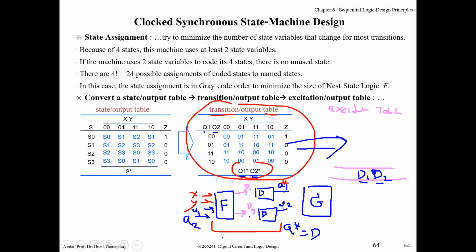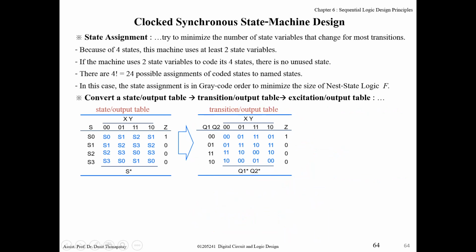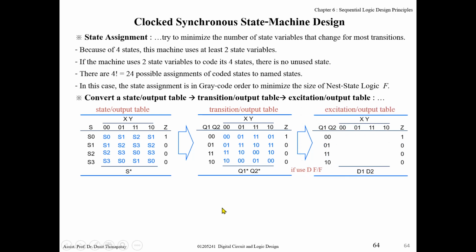After that, if you know the information about this output of F and input of F, you can design this circuit F as a normal combinational circuit. For this sample, let's use D flip-flop.